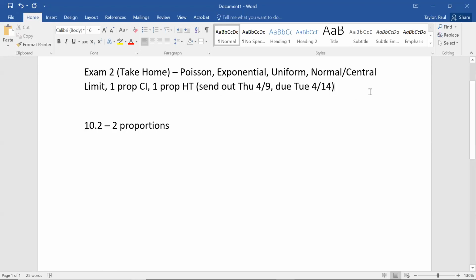That's going to cover from the first exam up until the stuff we did before today's material. So that's the Poisson distribution, Poisson process, inter-arrival time, also known as exponential, and then uniform distribution, normal distribution, and then the start of the stat stuff that we've been doing, the confidence interval and the hypothesis test for one proportion.